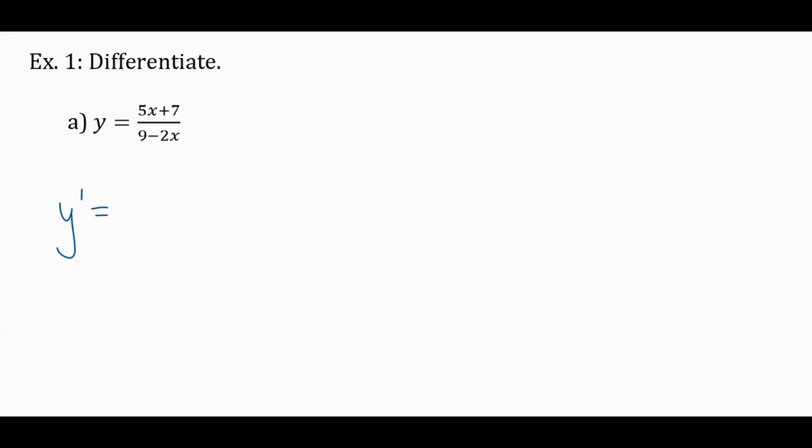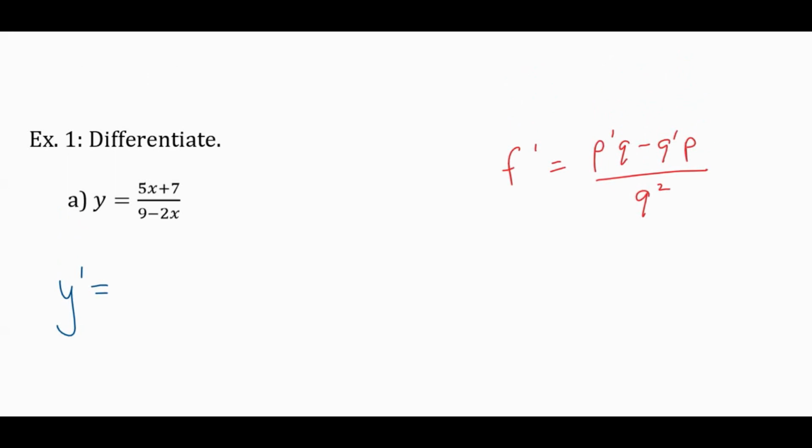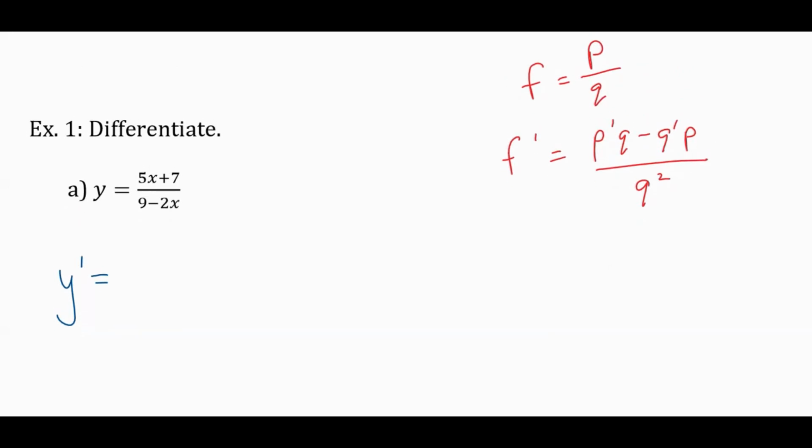So I'm going to write this: f prime is the derivative of the top times the bottom minus the derivative of the bottom times the top over the bottom squared. This is the lazy way of writing it, when f is p over q, just as a reminder that that's what it is.